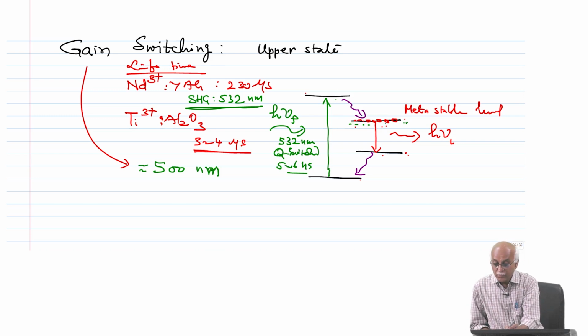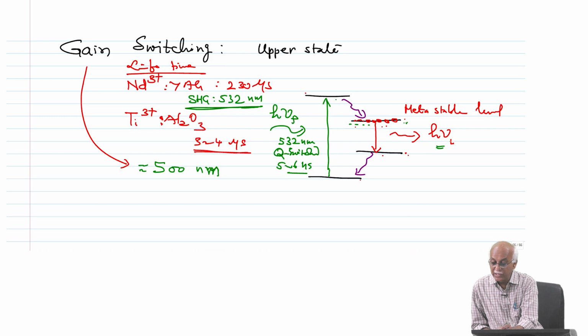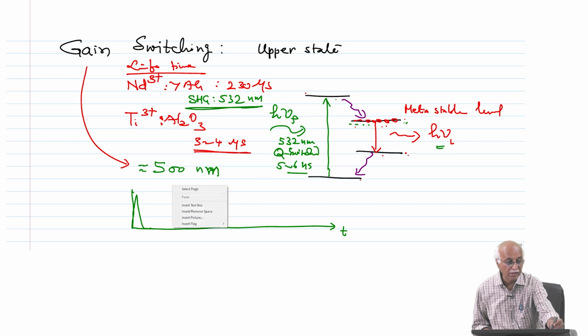So, automatically the output we will achieve will be of the nanosecond order, because the cavity will ensure that all the photons are extracted at the laser wavelength. In terms of time duration, the Nd:YAG laser of 5 to 6 nanosecond will pump the titanium sapphire laser, and within a very short period of time the titanium sapphire laser output can be achieved.